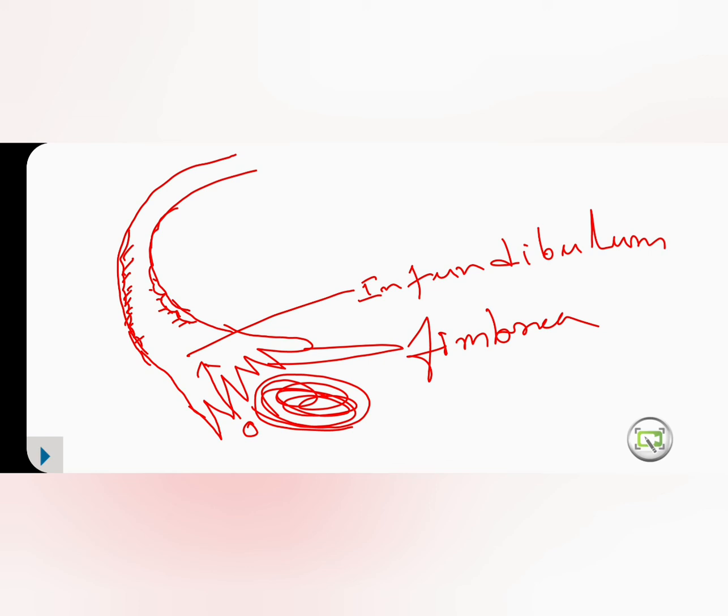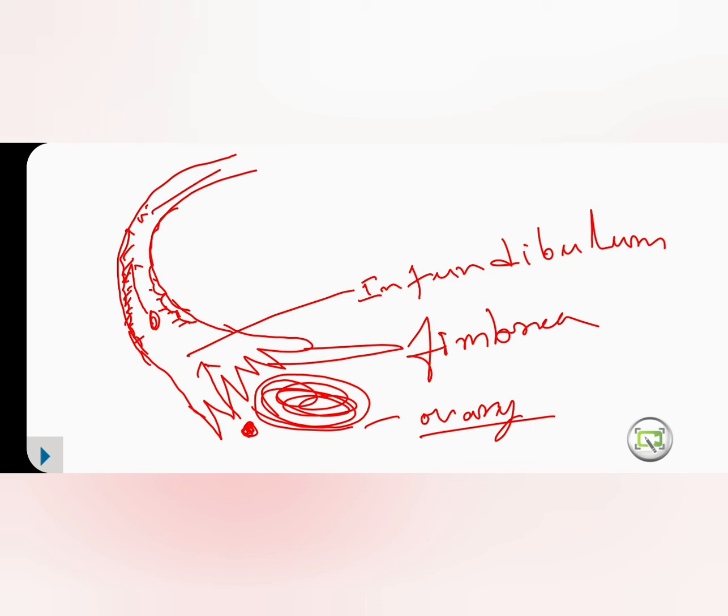When the ovum is released by the ovary by ovulation, that released ovum is extracted into the infundibulum with the help of fimbriae, and later it enters the fallopian tube. The ciliated epithelium present on the inner walls of the fallopian tube drags this ovum forward. So the ciliary epithelium plays an important role in the movement of this ovum.